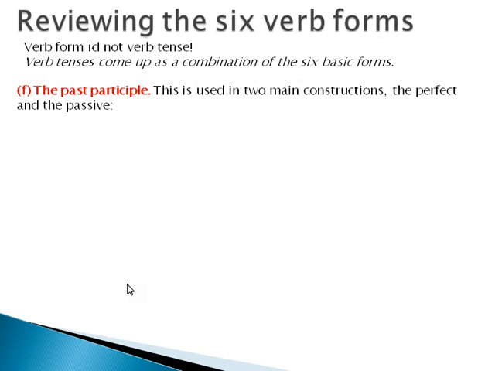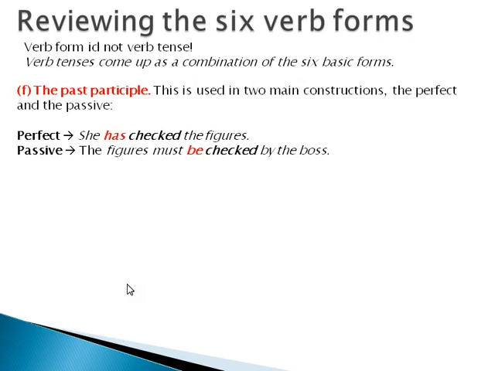The past participle is used in two main constructions: the perfect and the passive. The perfect is marked by the presence of the verb to have, and the passive is recognizable by the presence of the verb be, both of them agreeing with person.